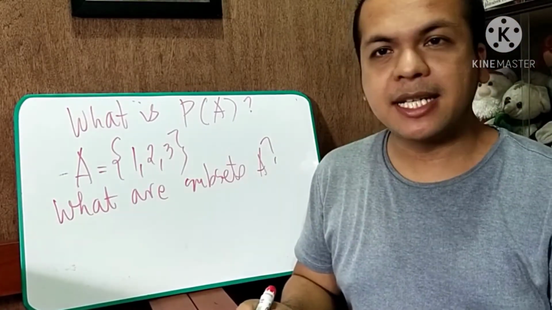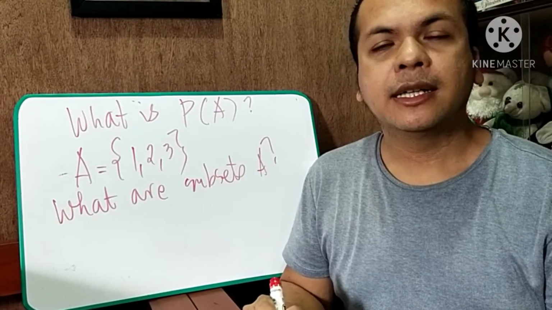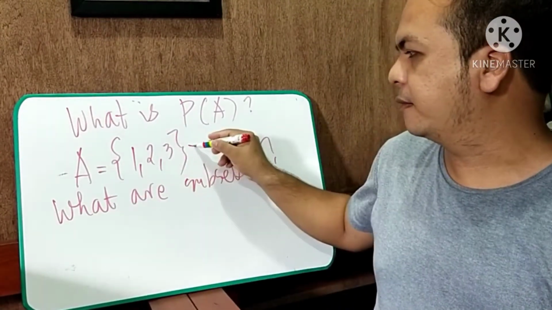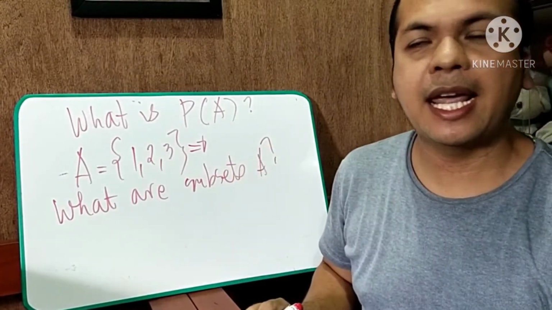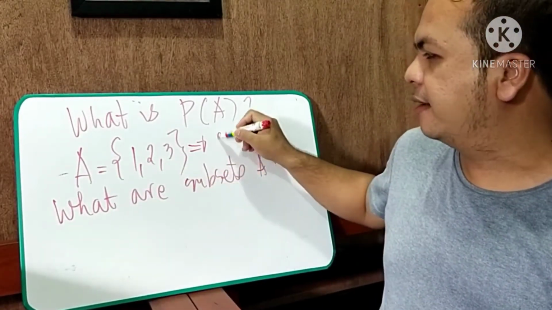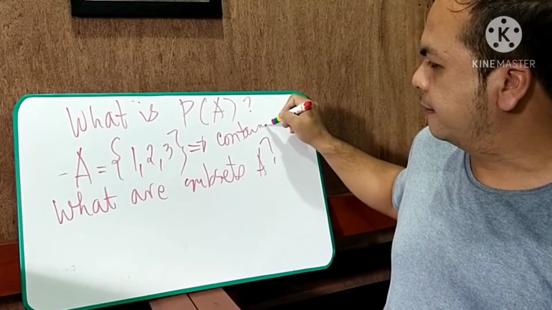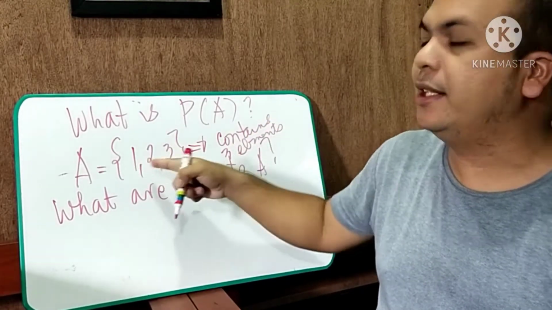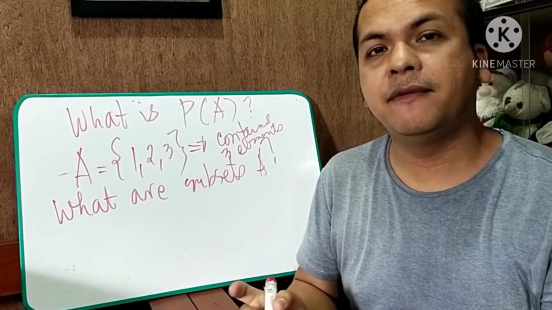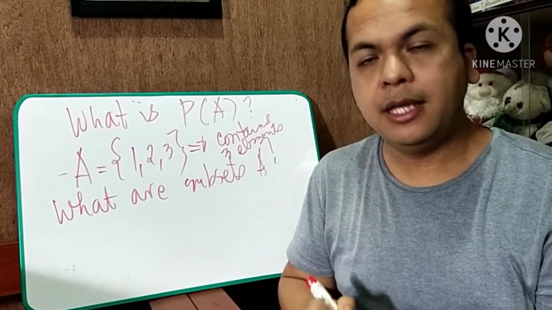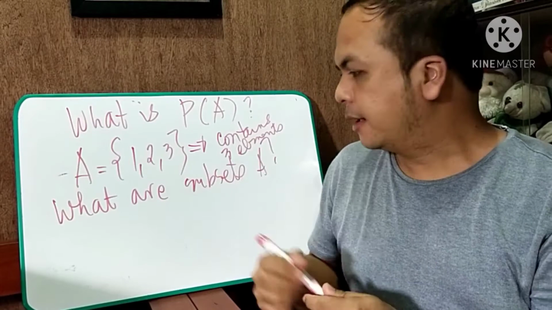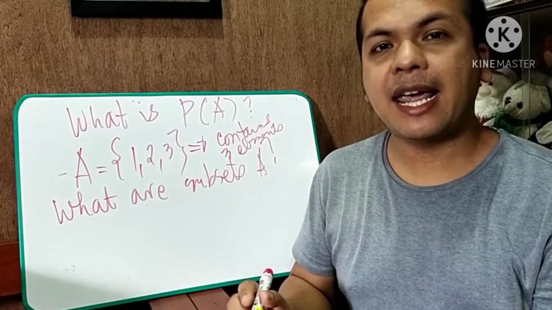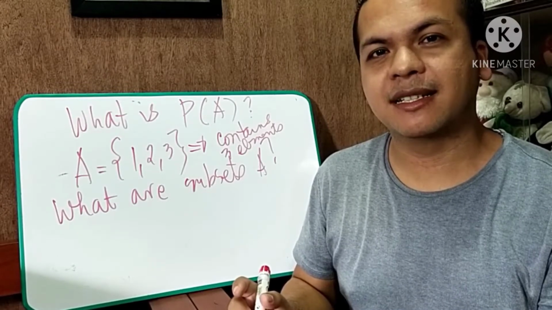Since set A contains 3 elements, 1, 2, and 3, we are very clear that set A has exactly 8 subsets.